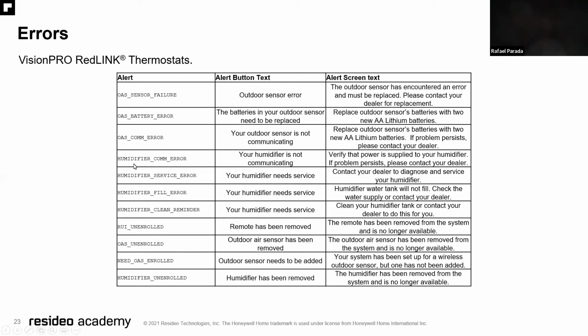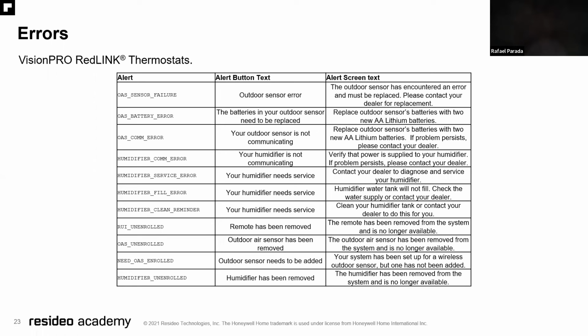Some other common calls are about humidification. When we are running a humidifier with the RedLINK thermostats, the TH8321R RedLINK thermostat is actually compatible with humidification control. So we receive calls about communication errors whenever the humidifier is connected to the wireless adapter and there's a communication error.